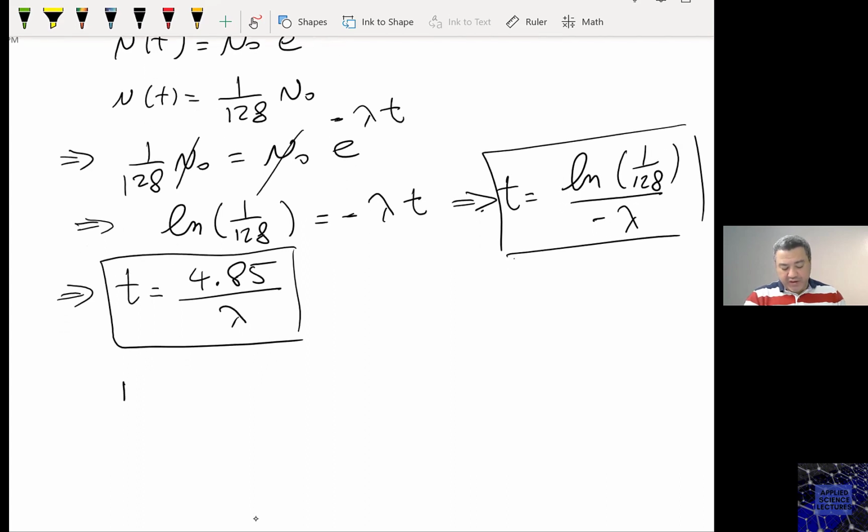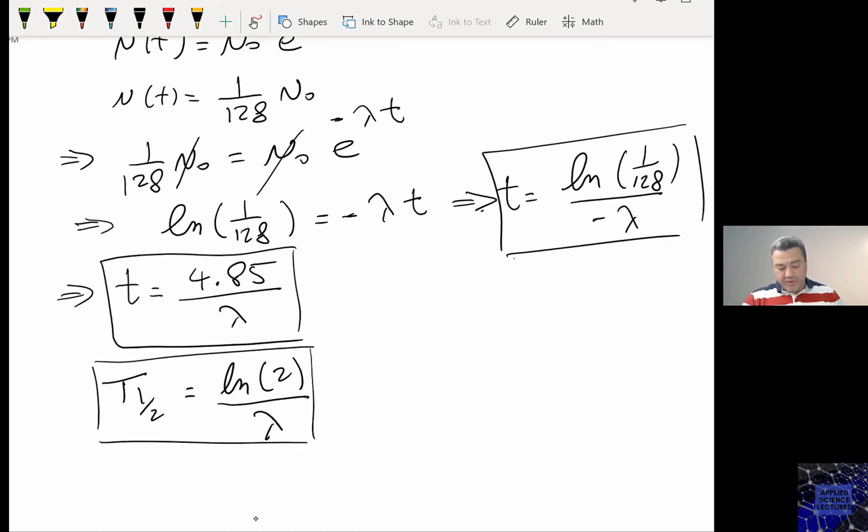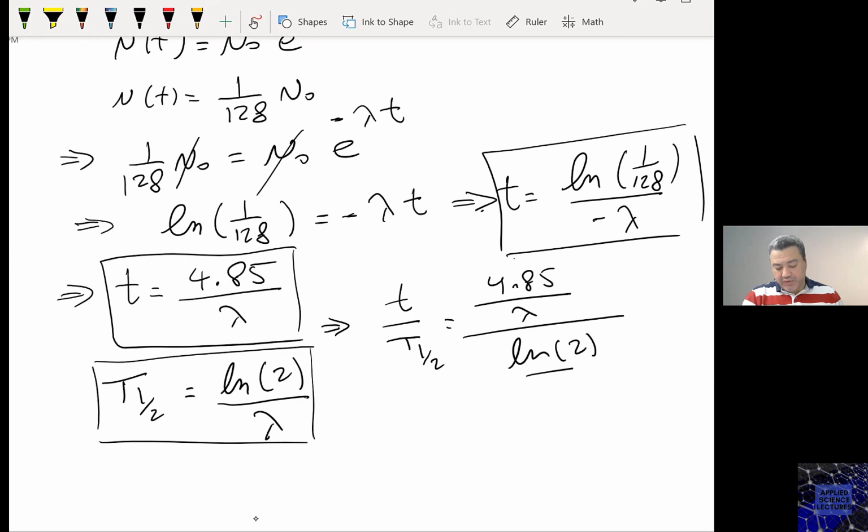Now let's calculate the half time, which is the natural logarithm of 2 divided by lambda as well. So in order to know the time in terms of the half life, I'll take the ratio, divide t by t half, which equals 4.85 divided by lambda divided by natural logarithm of 2 divided by lambda.